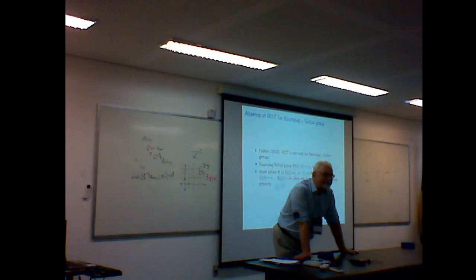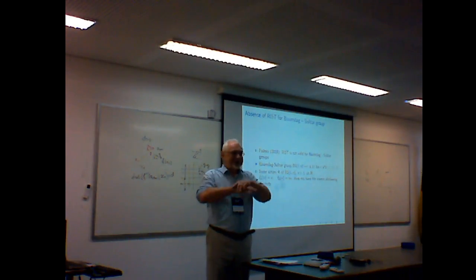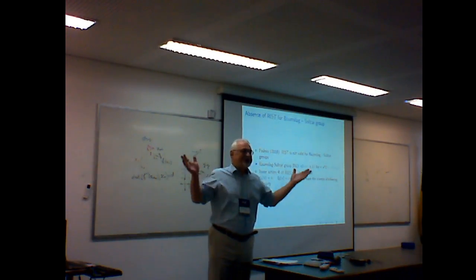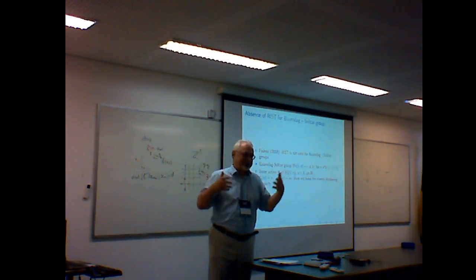Yes? As you mentioned, in the case of free groups there are examples where it doesn't hold. For free groups with two generators, you see, it has too many elements in a sense. It grows exponentially.